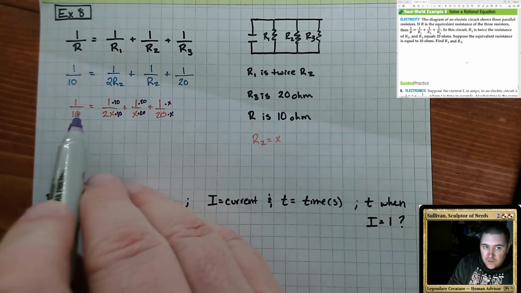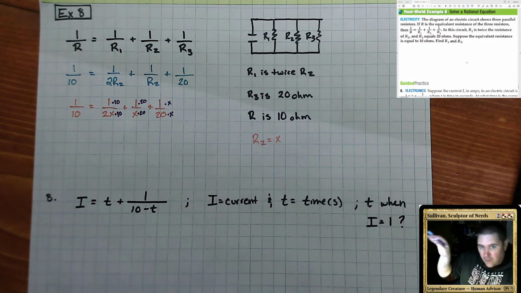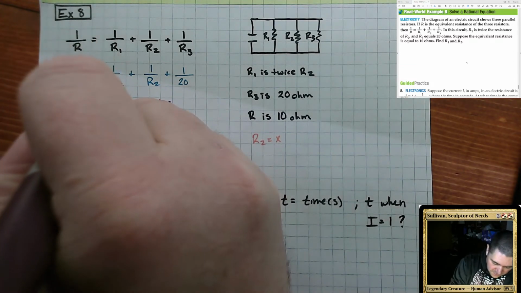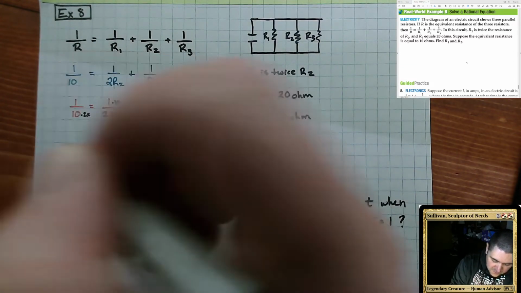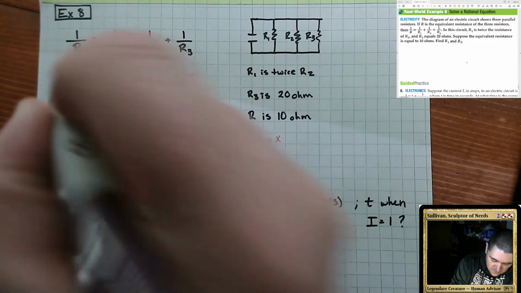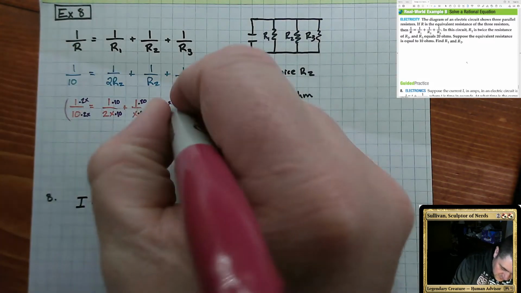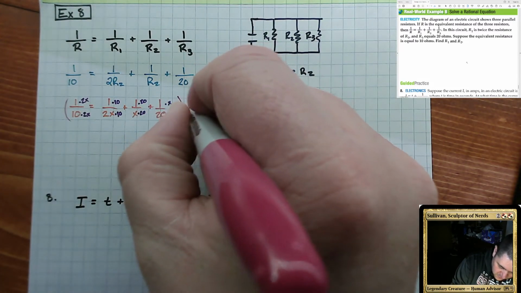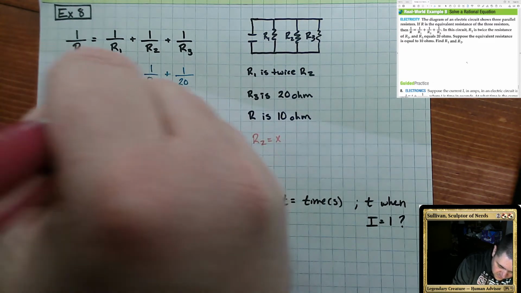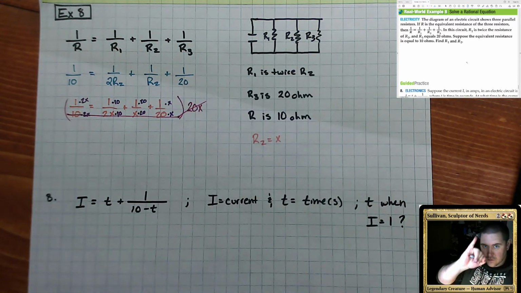While I'm at it, so I can do that whole knock out the denominator thing, I'm also going to multiply this guy by 2x. See, now they all have a denominator of 20x. So take the whole thing times 20x and they will skadoosh.